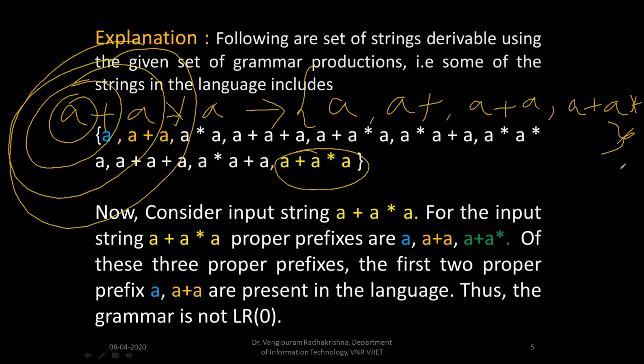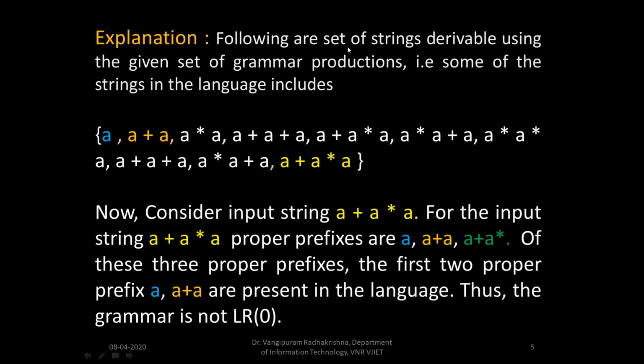Now try to verify if any of these proper prefixes are also available in the given language. If any of the proper prefixes are also available in the given language, then you can declare that the given grammar is no more an LR(0) grammar.